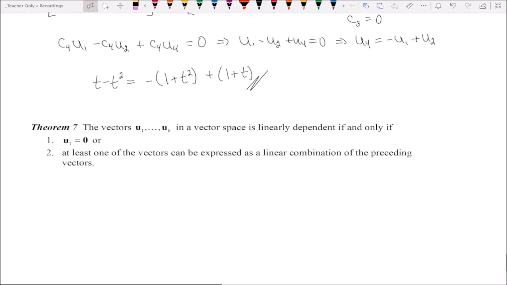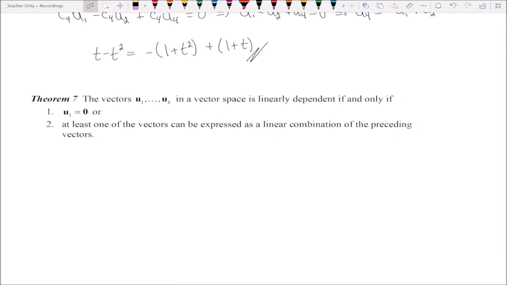And we conclude with a theorem that is all through without proof, theorem number 7, which says the vectors u1 through uk in a vector space is linearly dependent if and only if one of these two statements is true. U1 is 0, or at least one of the vectors can be expressed as a linear combination of the preceding vectors.